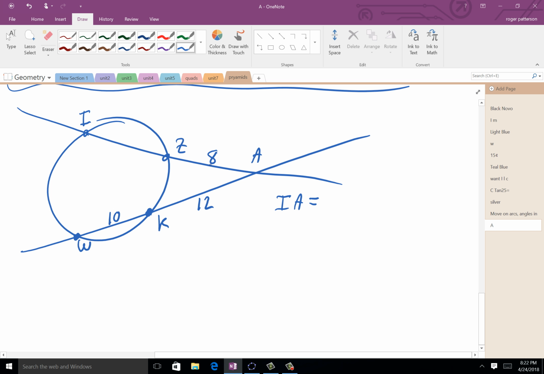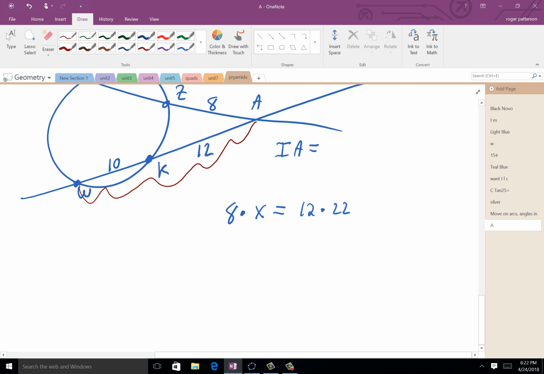Okay? So, remember what we had. So we have AZ, that's 8, multiplied by this whole length, which is what we're trying to find, equals 12, multiplied, but here we need the whole length, not just, we need this whole length. So that's this 10 plus this 12, so that makes 22. Alright, so now I need 12 times 22.